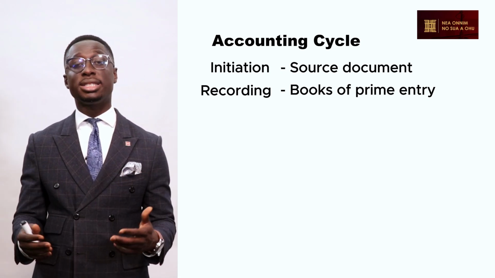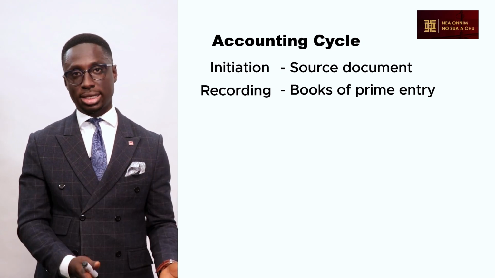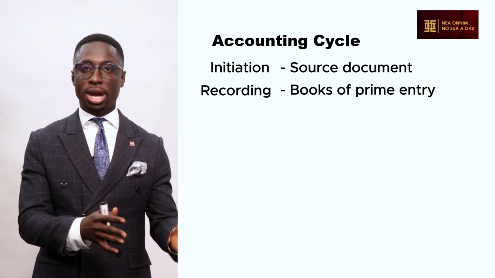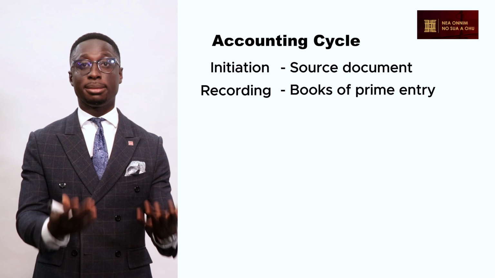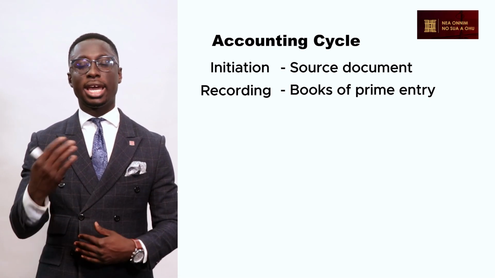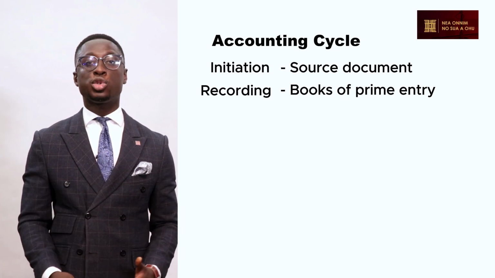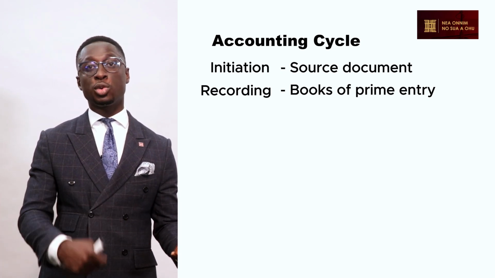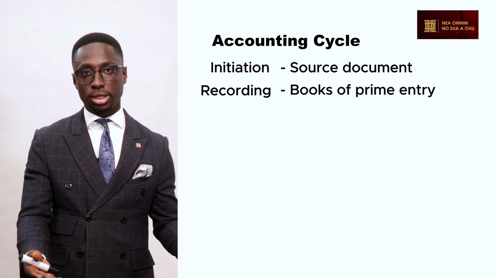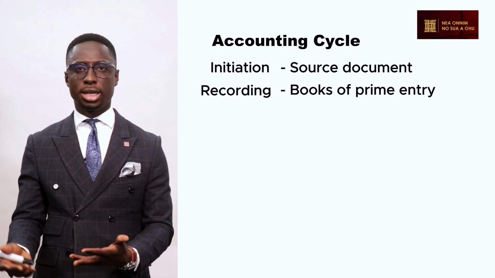Prime entry means the first time of entering a transaction. Prime, first, primus, right? Entering a transaction into the books. So the books into which we make those first time entries are those we call the books of prime entry.